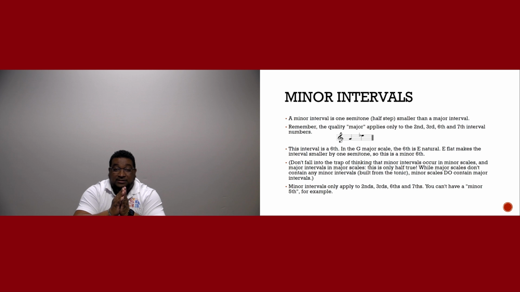You cannot have a minor fifth because it's already a perfect interval. So if you alter it, if you make it smaller, it becomes a diminished fifth. If it becomes bigger, it becomes an augmented fifth.